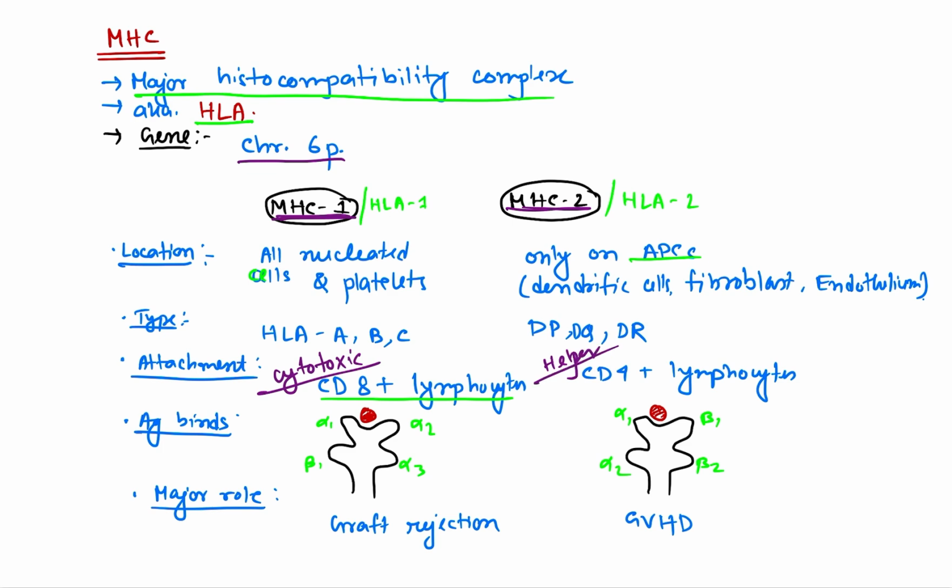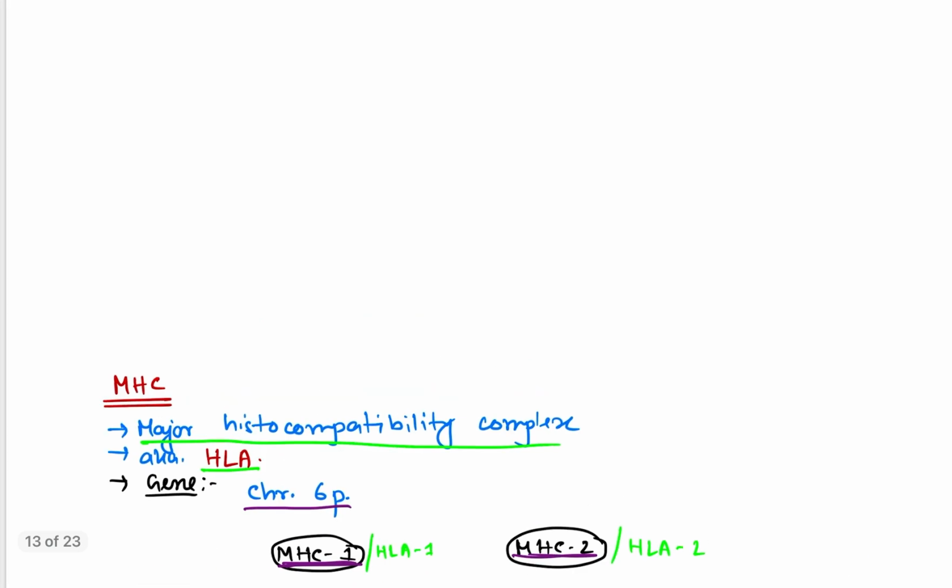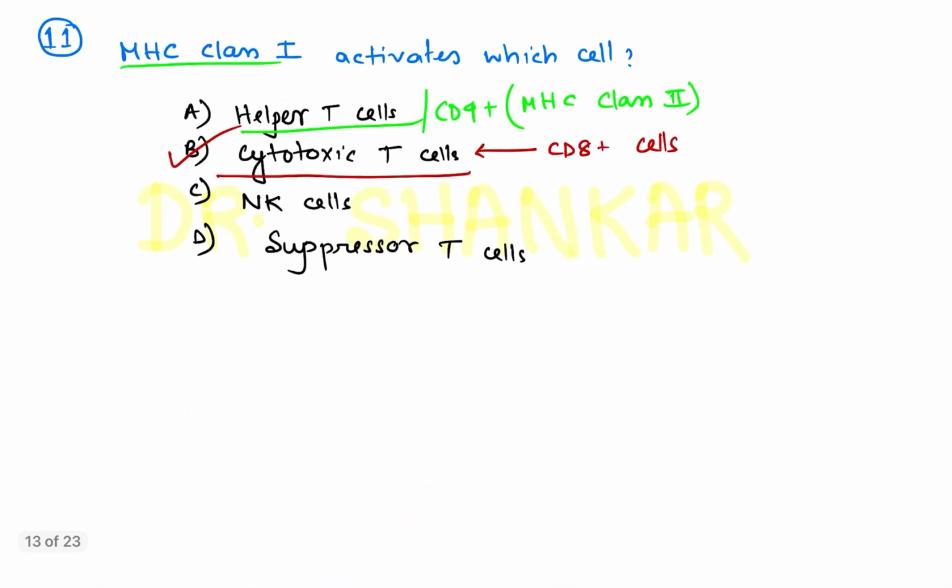Antigen binds to MHC1 at the cleft between alpha 1 and alpha 2, and in case of MHC2, antigen binds in the cleft between alpha 1 and beta 1. Major role of MHC1 is graft rejection, and in case of MHC2, graft versus host disease. So this is about MHC, major histocompatibility complex or human leukocyte antigen.